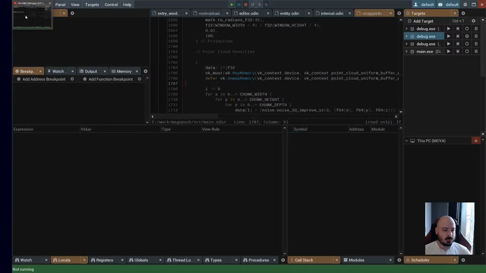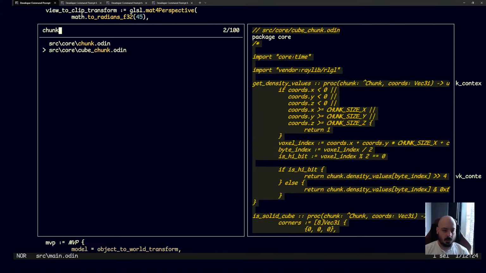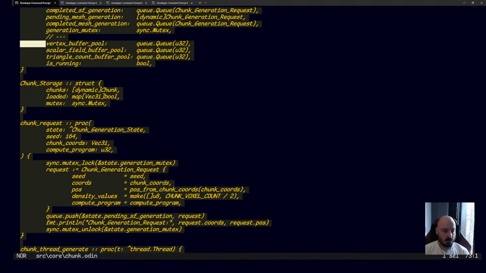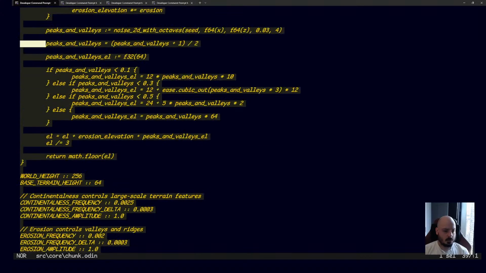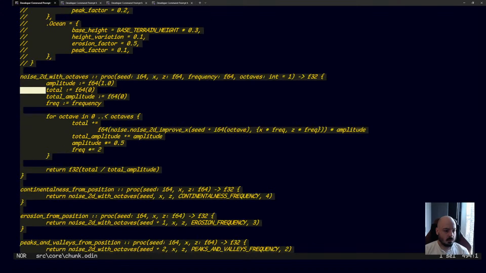So if I want to increase the amplitude, do I multiply the noise value? Actually, I have an old file here where I did a bunch of terrain stuff. I have a couple of them. Is it this one? Here we go.